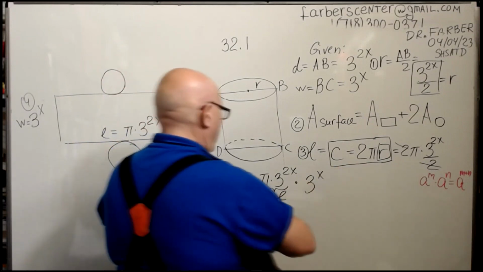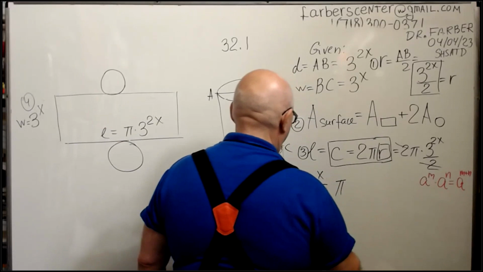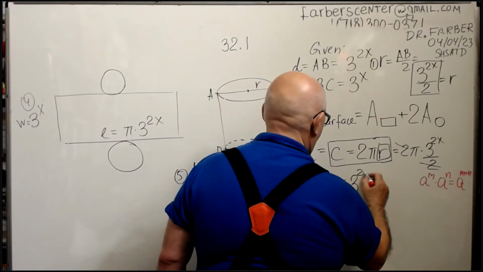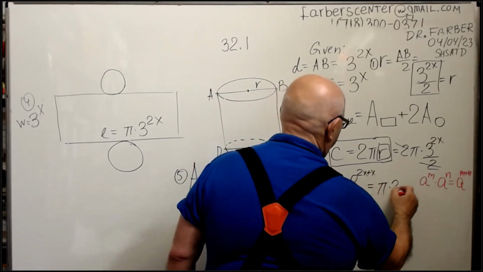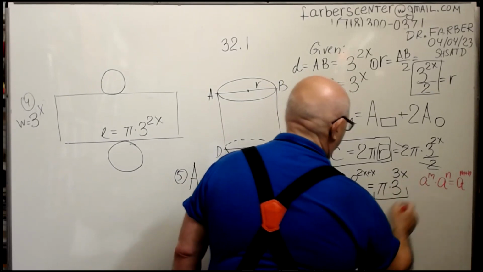And according to this formula, you can write it as pi times 3 to the power 2x plus x, which is pi times 3 to the power 3x. This is my area of the rectangle.